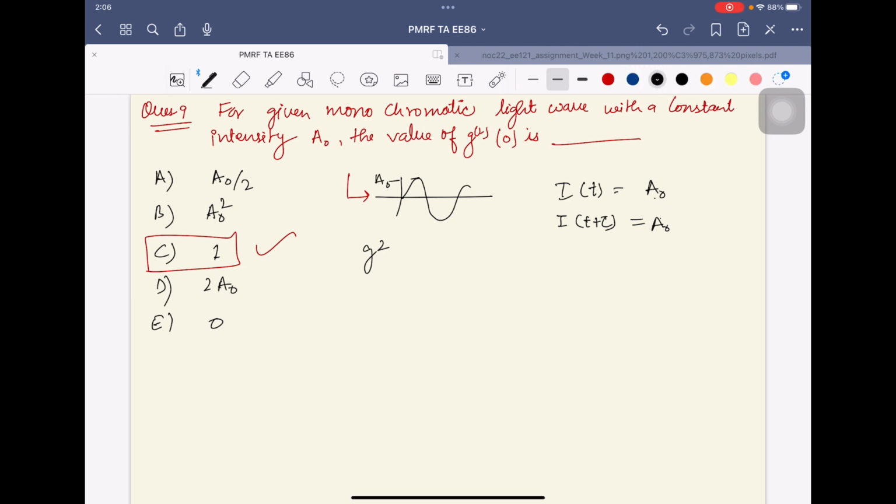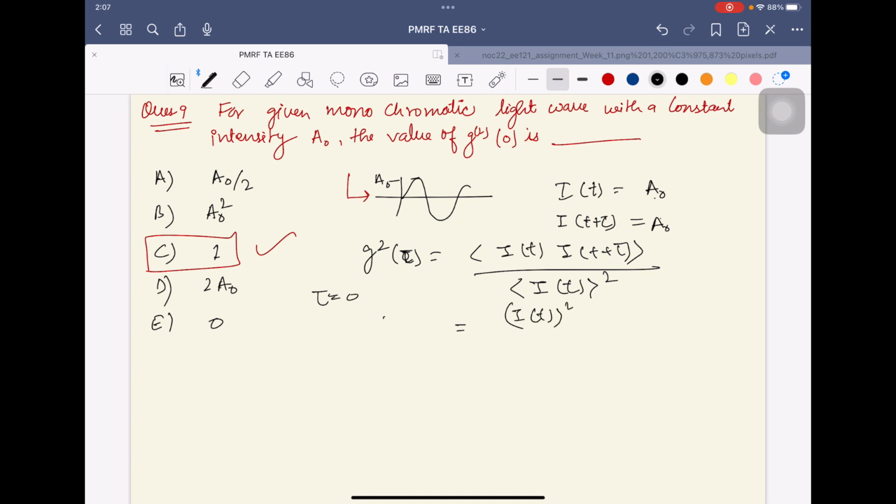So G2 at 0 is I at t plus tau times I at time t, time averaged, divided by the time average of I t, squared. If we put tau equal to 0, then it will be the time average of I t squared divided by the square of the time average of I t. So this will be A0 square by A0 square, and it comes to 1.